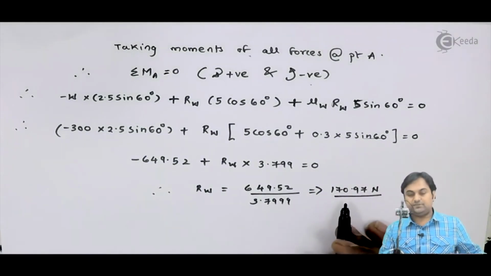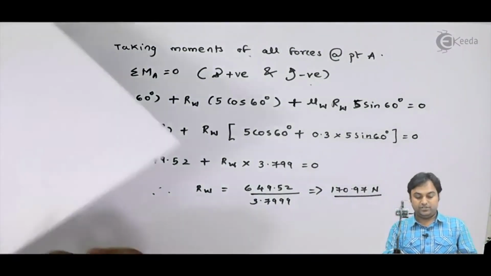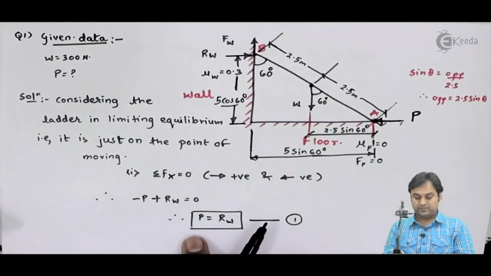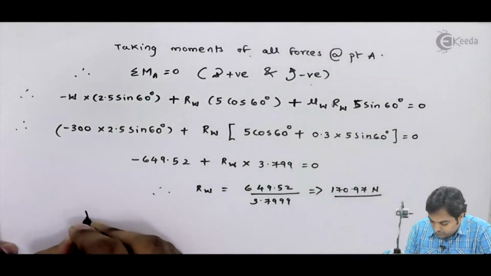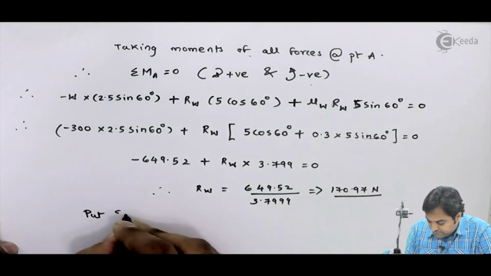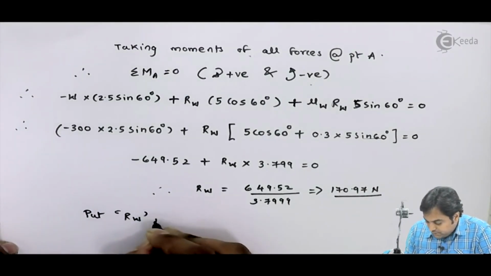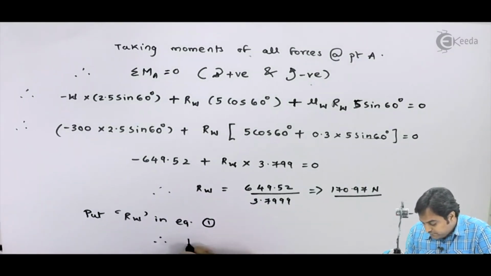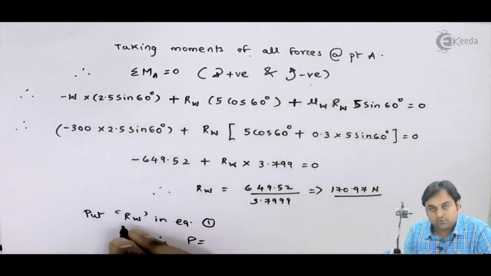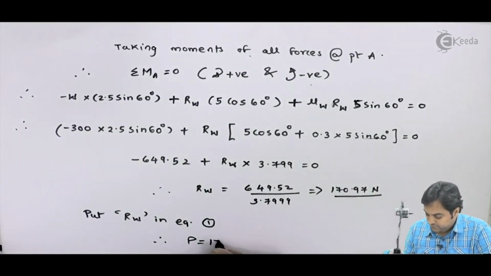Now I will put this value of RW in equation 1 to get the answer of P. Equation 1 says P is equal to RW, and RW is 170.97 Newton.